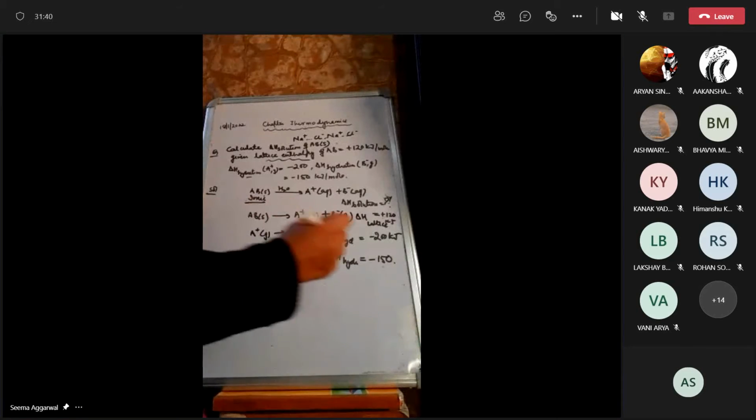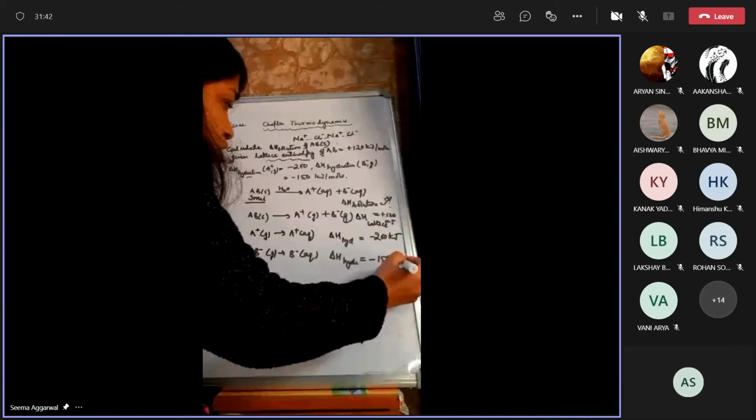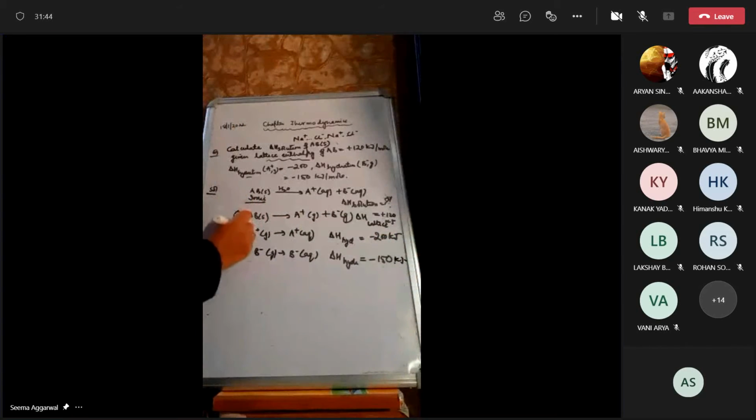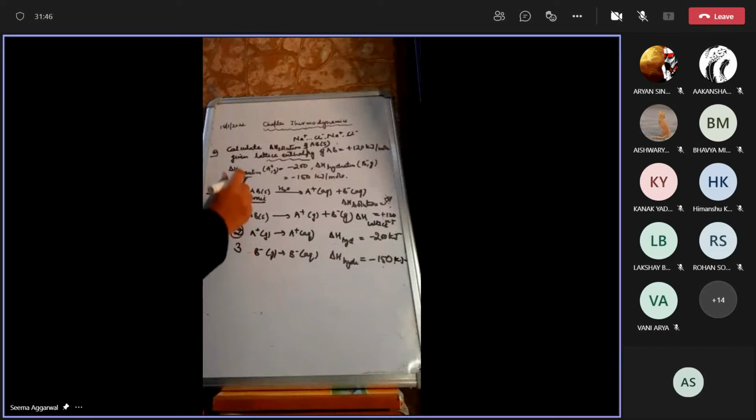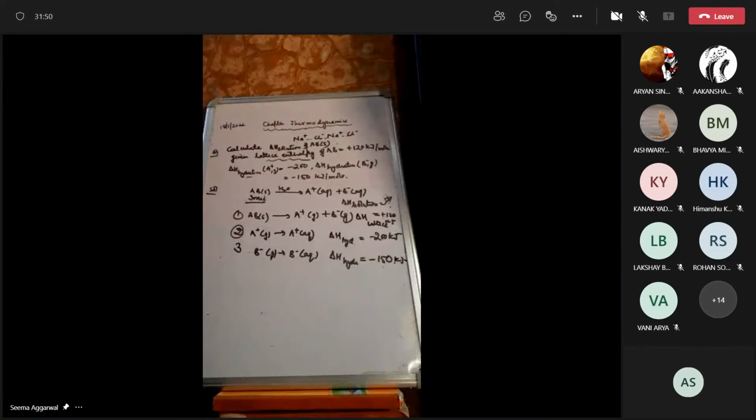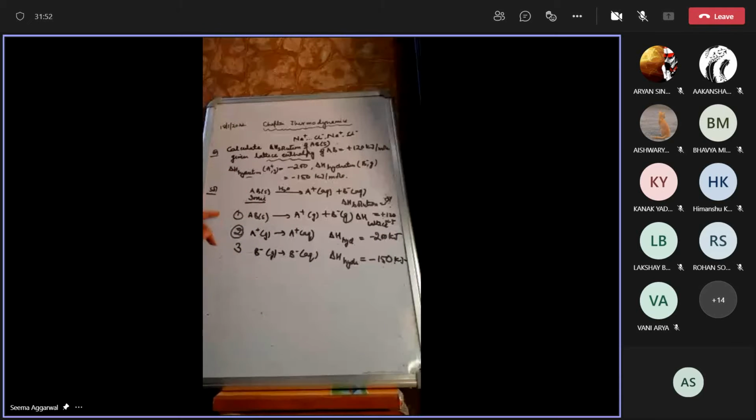Using these 3 equations, you have to calculate for the above. How can we get the above equation from these 3 equations?